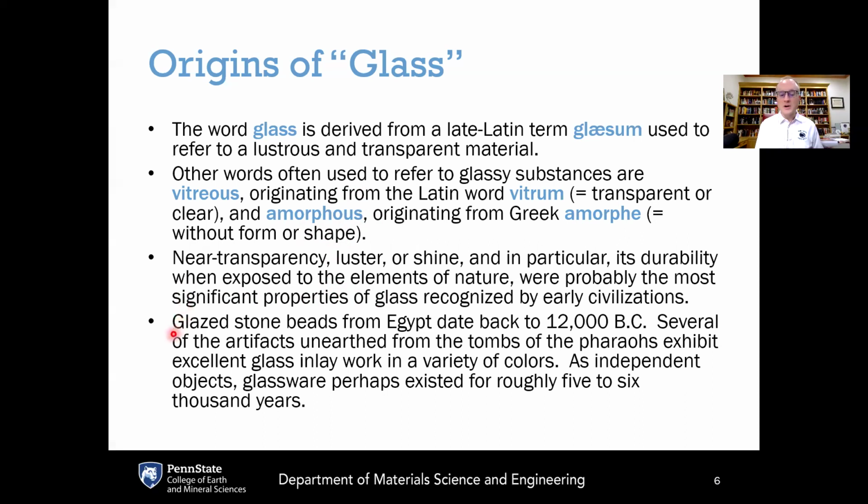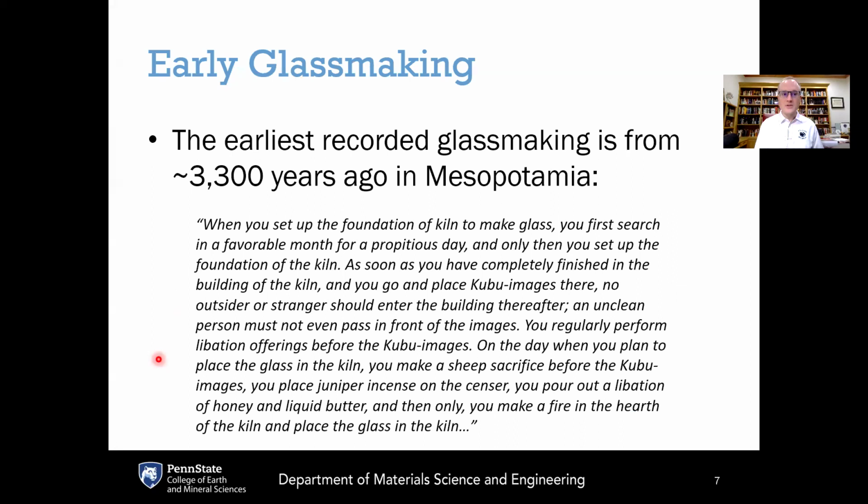And several of the artifacts unearthed from the tombs of the pharaohs exhibit excellent glass inlay work in a variety of colors. And as independent objects, glassware has existed for roughly 5,000 to 6,000 years. So the history of glass goes back thousands of years. And the earliest recorded glassmaking is from about 3,300 years ago in Mesopotamia. This is in modern-day Iraq.